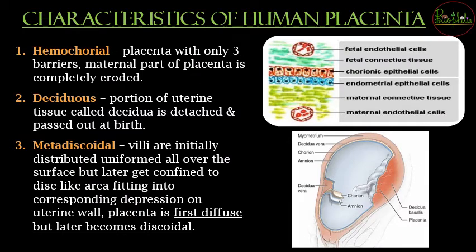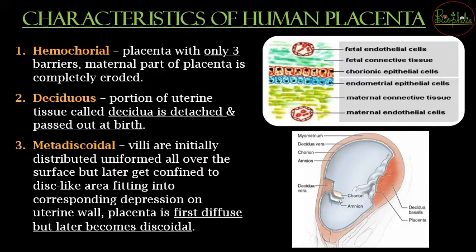Now, understanding the characteristics of the human placenta. Since we are understanding human reproduction, what are the characteristics of the human placenta that we are going to understand here? So the first characteristic that you need to understand is homochorial.